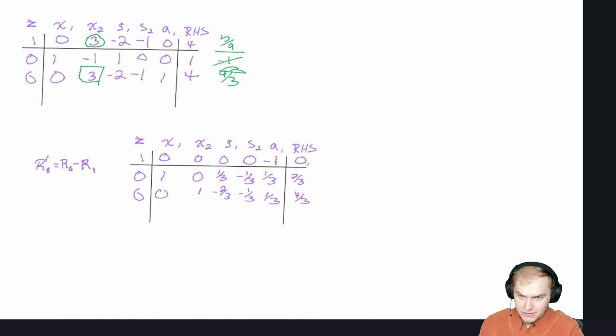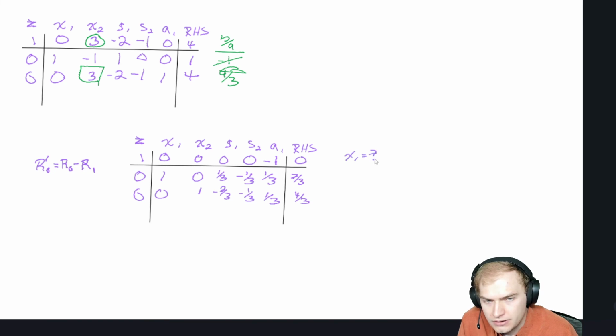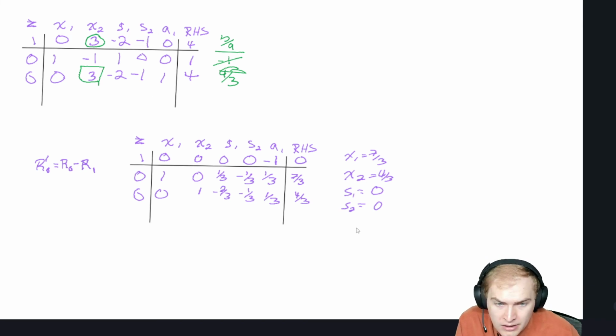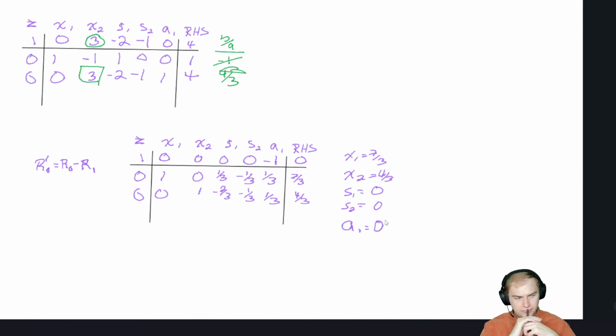So again, we found the same basis and in fact the same solution. x1 is 7/3, x2 is 4/3, s1 and s2 are 0, and a1 is 0. Happy day.